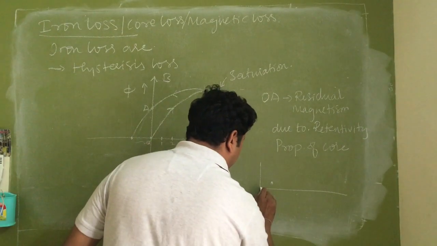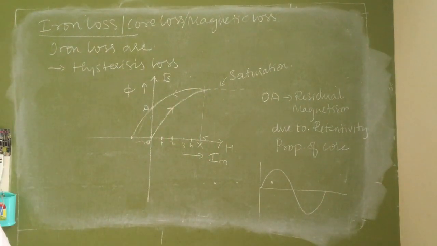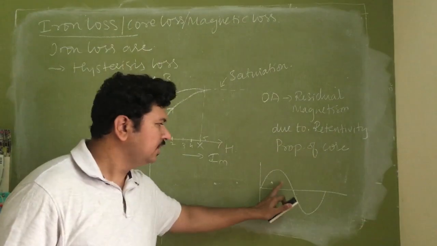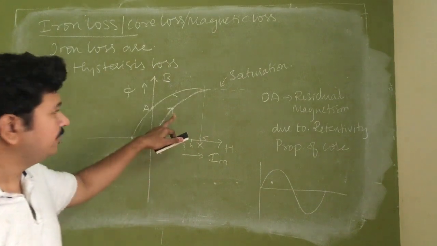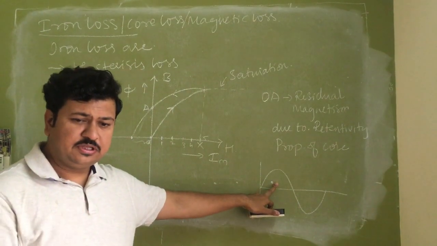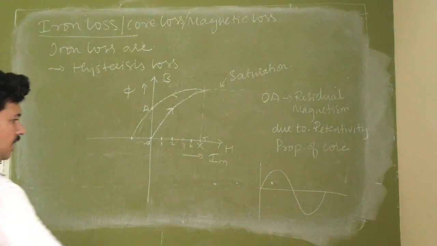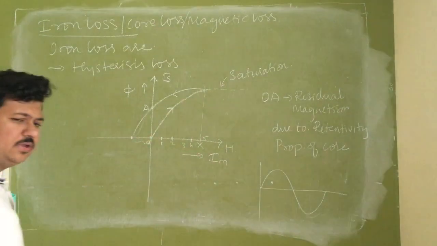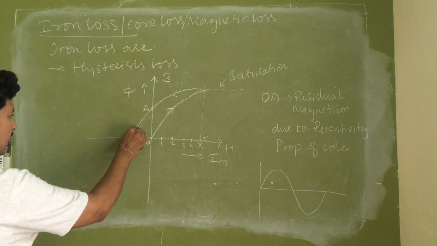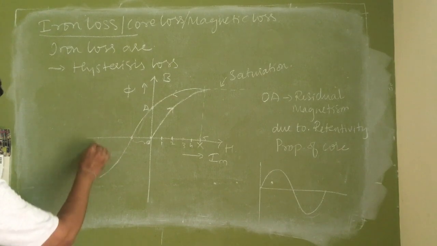My input current drawn from the source is an alternating current, which has the same positive part and negative part. So what happens in the positive half cycle, the opposite thing will happen in the negative half cycle. The current will increase in the negative half cycle to its negative peak, so the flux density can increase in the opposite direction to some point, say Y.